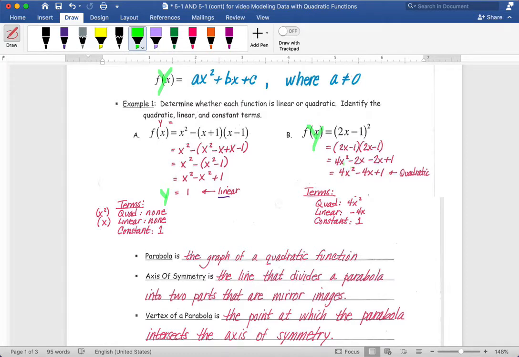If you have a quadratic term, then your equation or your function is quadratic. Listing by terms. The quadratic term is 4x squared. The linear term is the middle guy, the x to the first power, negative 4x, and then your constant is 1.